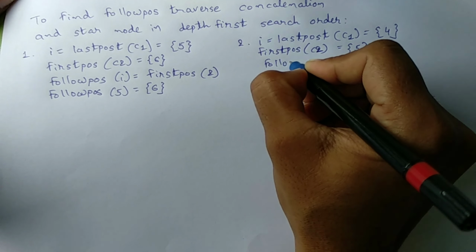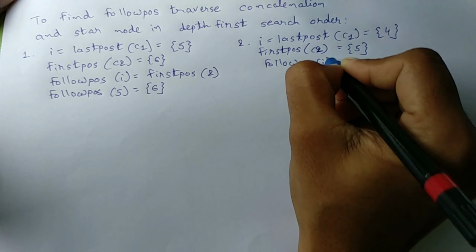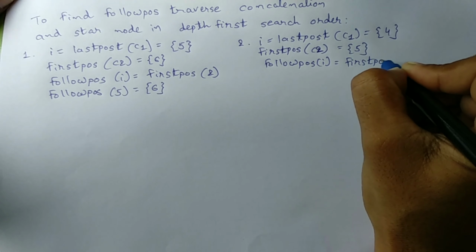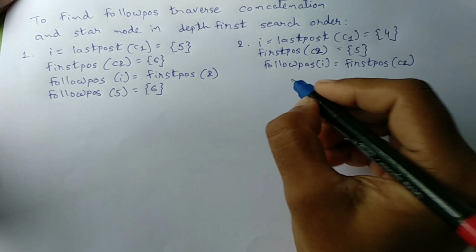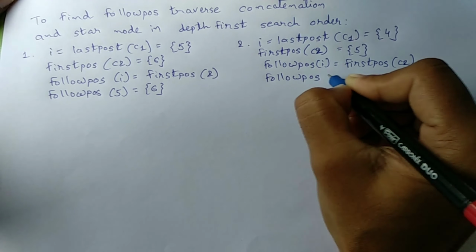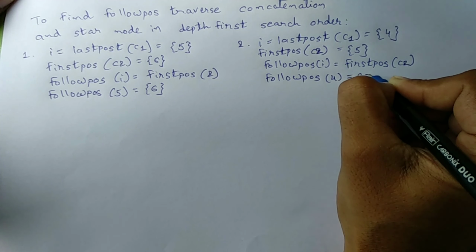So follow position of i is equal to first position of c2. So follow position of 4 equal to 5.